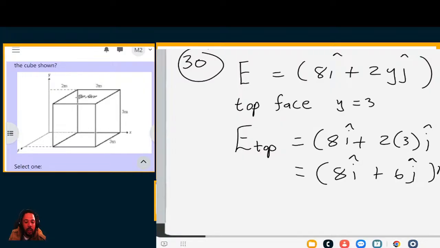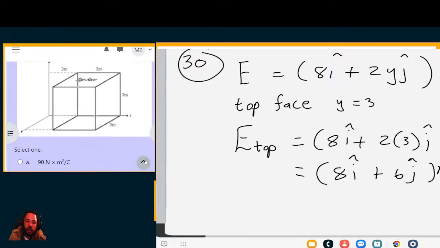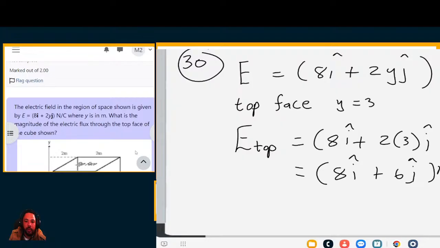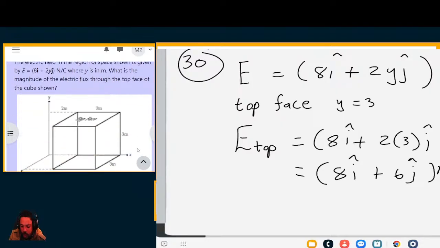Now they want to know the magnitude of the flux going through there. Remember, an electric field going through a certain area creates a flux. They want to know the flux through the top surface. In order to calculate electric flux through any surface, we need two things.